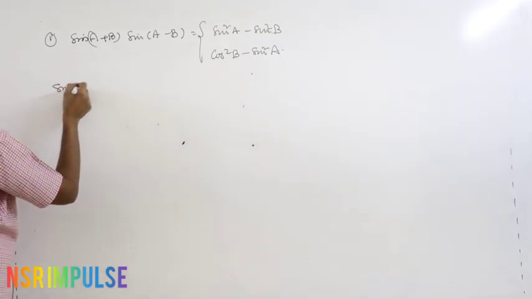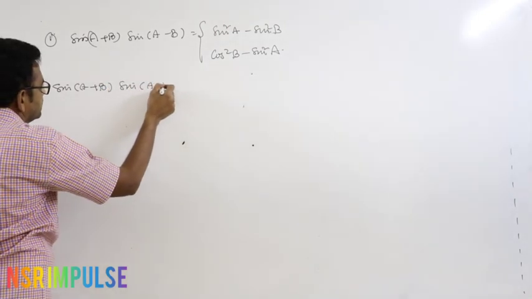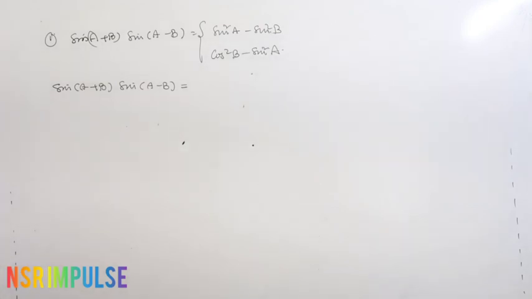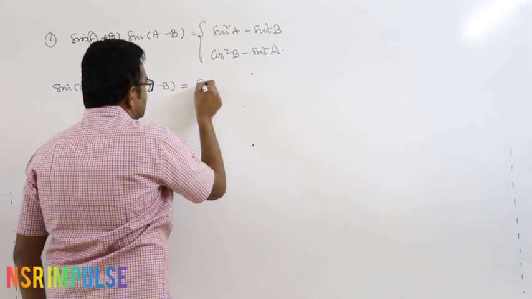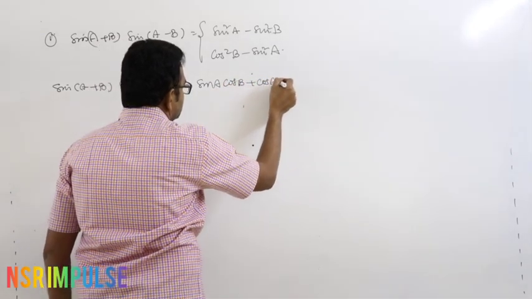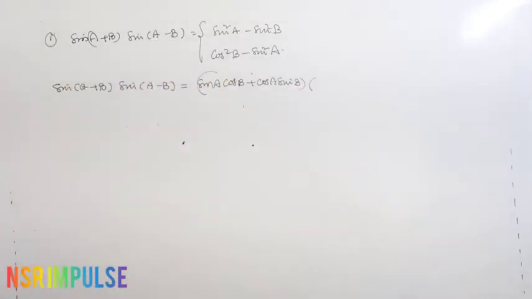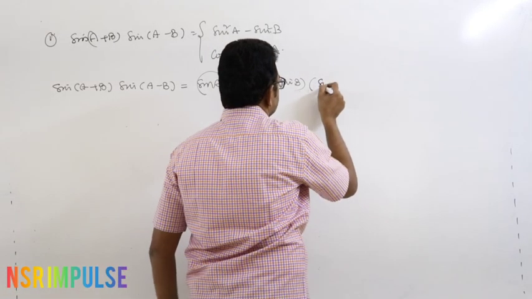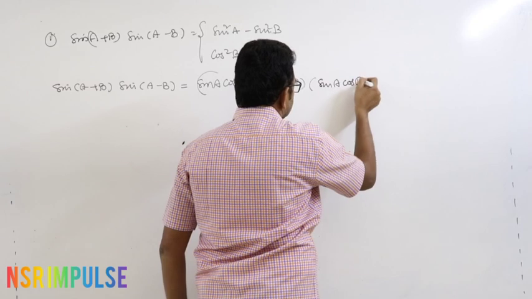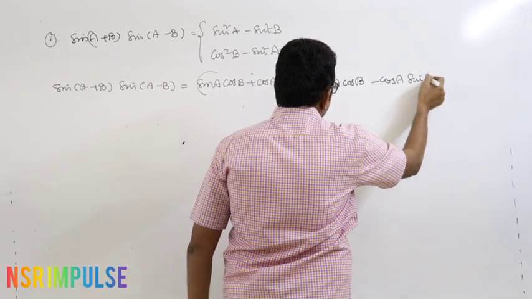Now, sin of a plus b into sin of a minus b is equal to, using the formula, sin a cos b plus cos a sin b into sin a cos b minus cos a sin b.